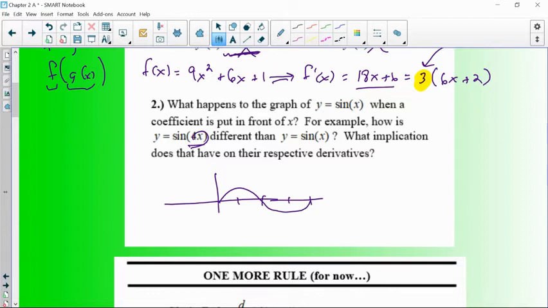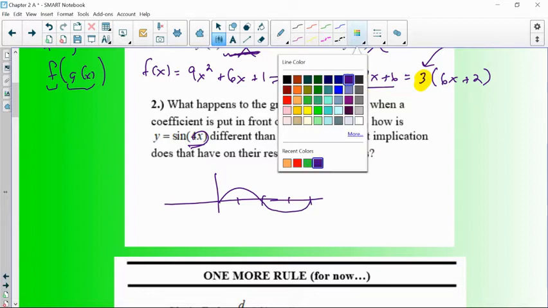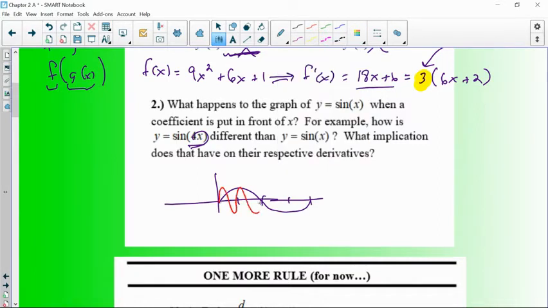So I'm going to get 4 sine functions within that graph: 1, 2, 3, 4. In other words, it's going 4 times as fast, which means the derivative is going 4 times as fast, which means the slope is changing 4 times as fast, so the function that measures it would have a factor of 4 in front of it. Again, that's just to reiterate that you need to do derivatives of each of the components, because this 4x is an embedded function.